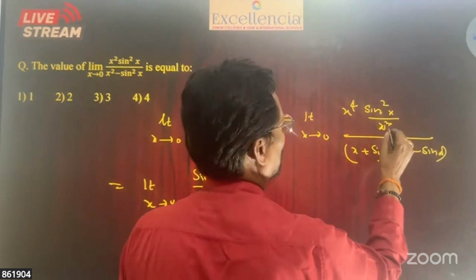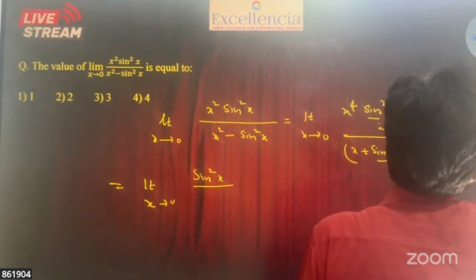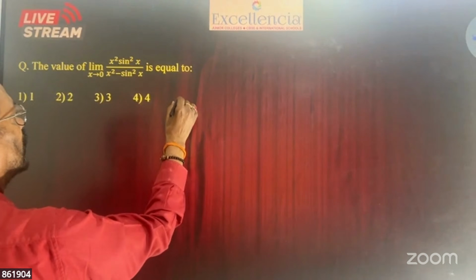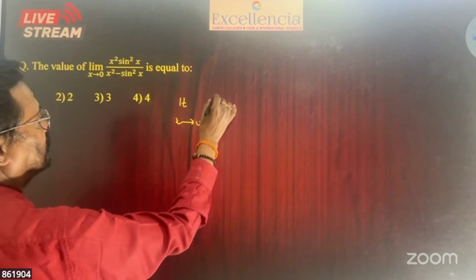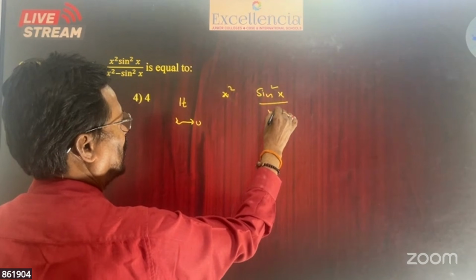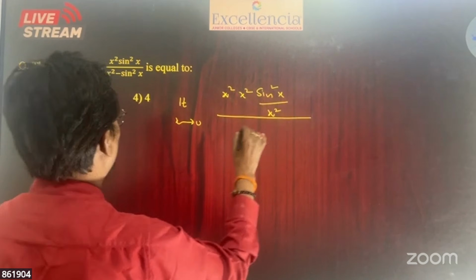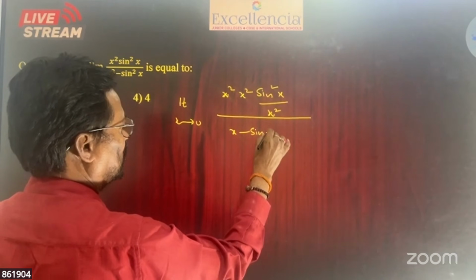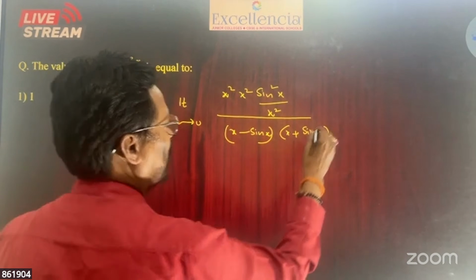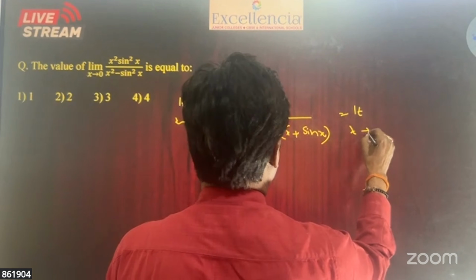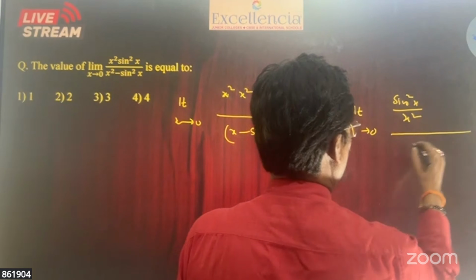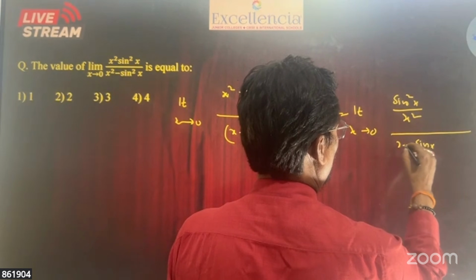It is limit x tending to 0 of x square into sine square x by x square, into x square by the other factor. This is nothing but sine square x by x square, and x minus sine x by x.